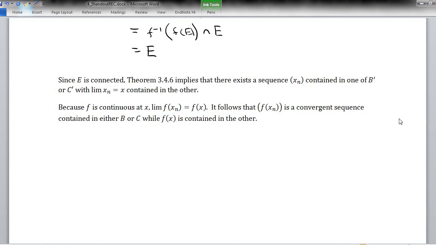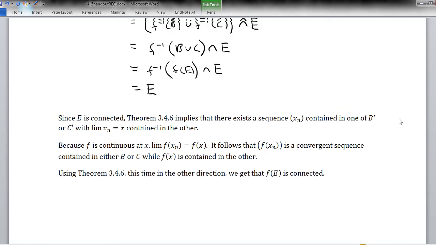So using theorem 3.4.6, this time in the other direction, right, we get that f of E is connected as desired.